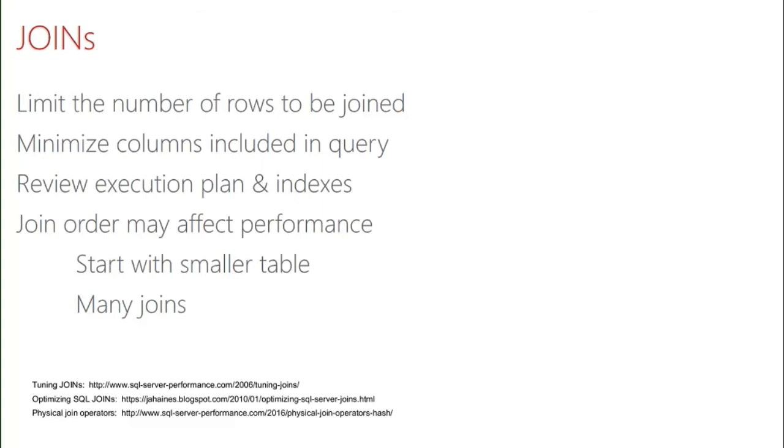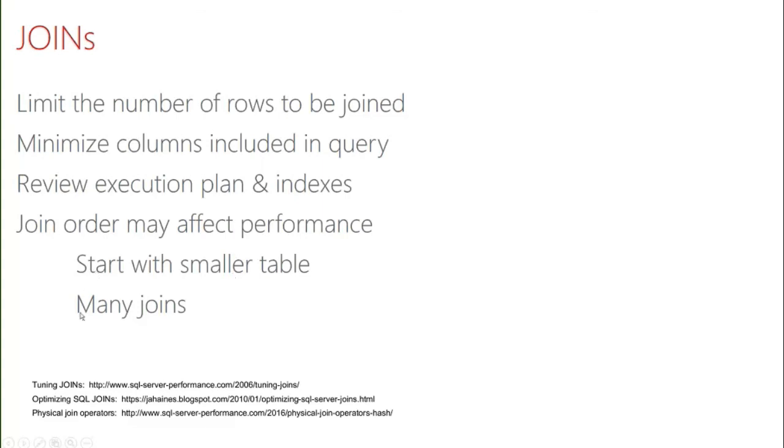So you may want to start your join with the smaller table. So join smaller table to larger table. That way, SQL Server looks at the smaller table first, has a smaller result set to join to the bigger table, versus the other way, it has to scan the entire large table to figure out how to do the join. So join order does matter with big differences in size of the tables.